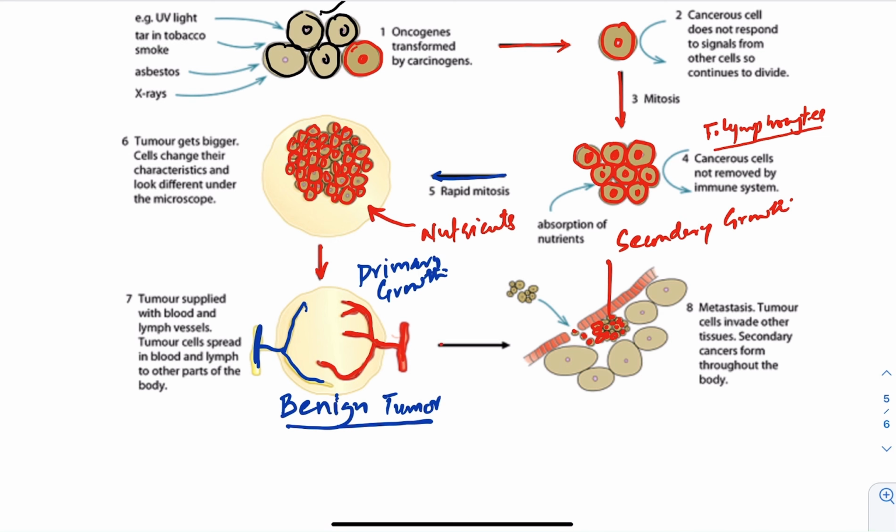This process of spread of these cells from a localized tumor to the other parts of the body is known as metastasis. And when this tumor is metastasized, such a tumor is known as a malignant tumor.